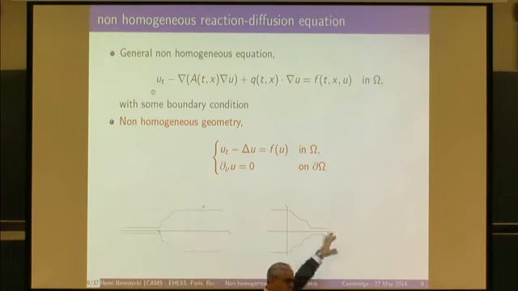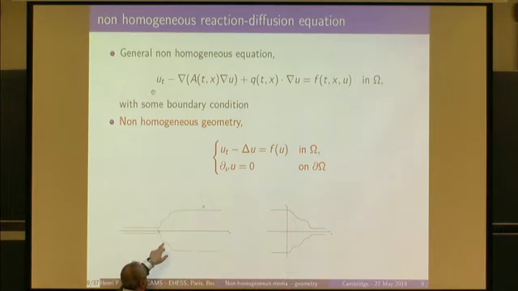I want to understand under which conditions they propagate and don't propagate. And what I'm saying is that as soon as you have a Neumann boundary condition here, even though you look at the classical homogeneous reaction diffusion equation, you are outside the framework of homogeneous equations because of the geometry. I want to tell you a little bit about the effect of geometry. This is what I want to tell you about.